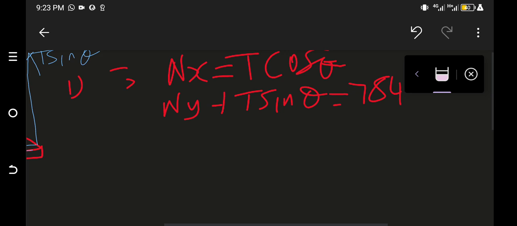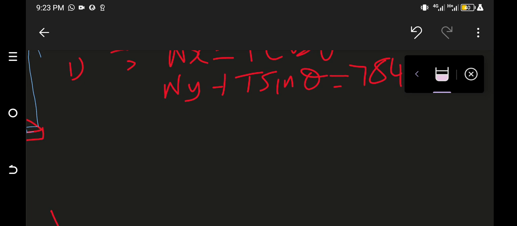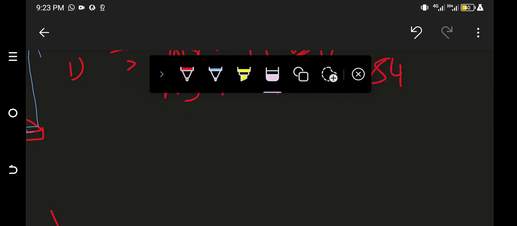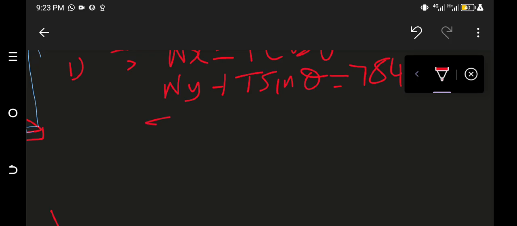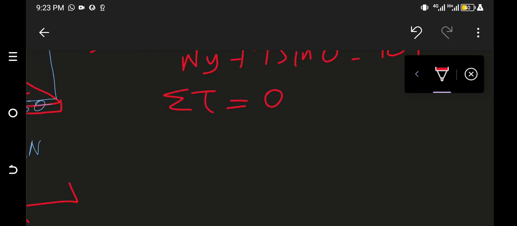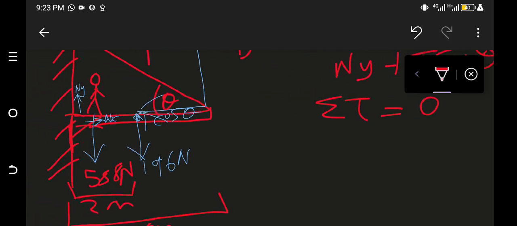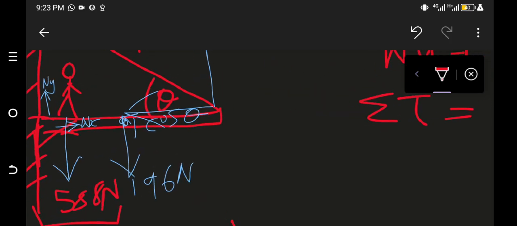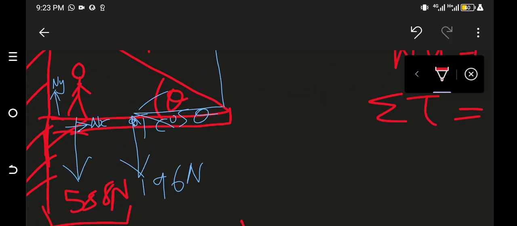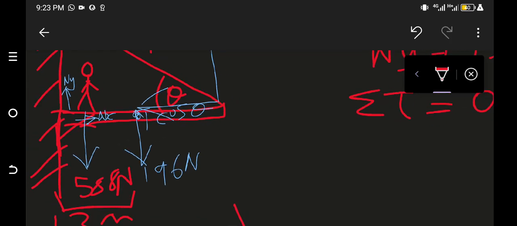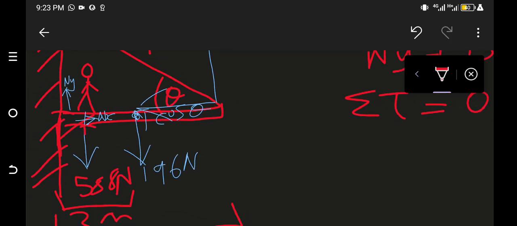So we have to use our third law, which was that the sum of all the torques should be equal to 0. To find the torque, it's just moment. So we have to find the torques which are producing an anti-clockwise and clockwise moment.